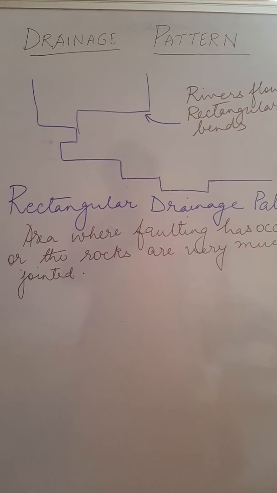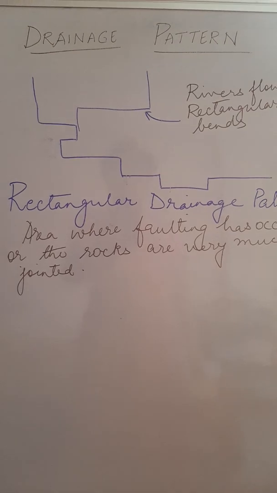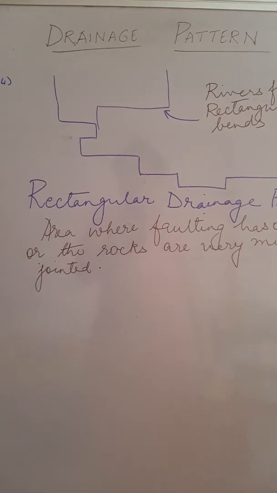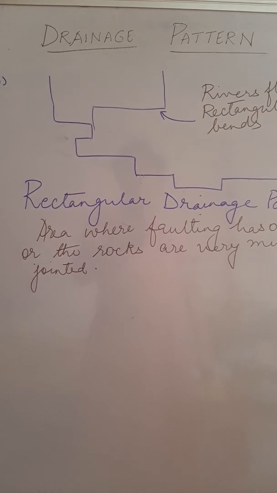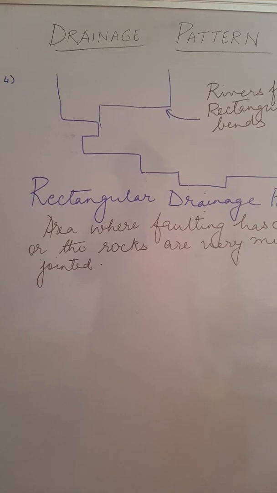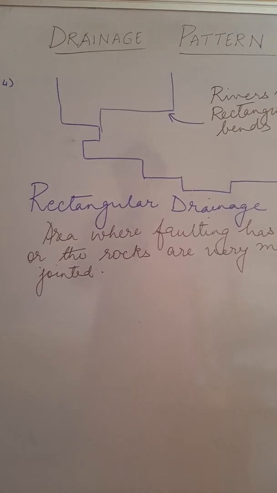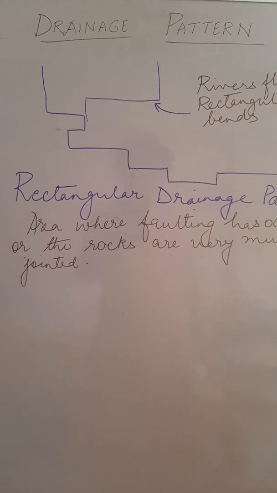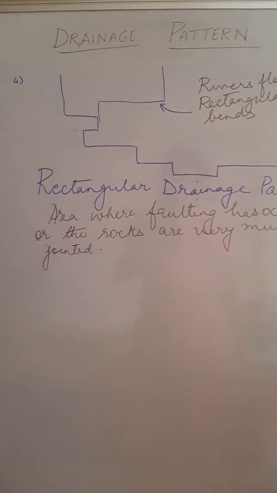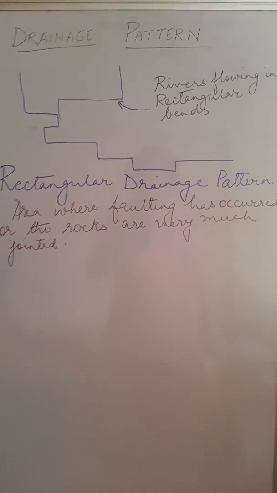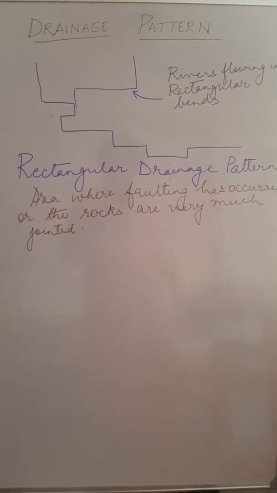Similarly, children, you can easily identify the trellis, where the streams are flowing almost parallel to each other. In the radial drainage pattern, children, they are flowing in different directions from a conical hill. In the dendritic drainage pattern, it simply appears like the branches of a tree. So in this way, children, different drainage patterns have different kinds of look.